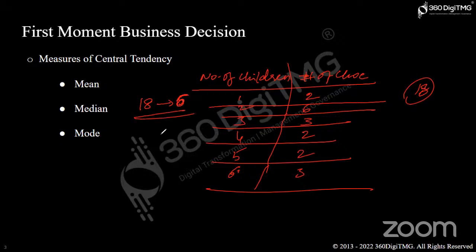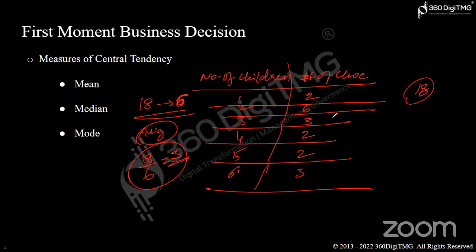What will be the average that a child should get? 18 divided by 6 becomes 3. So each child should get 3, that is the average chocolate each child should get.